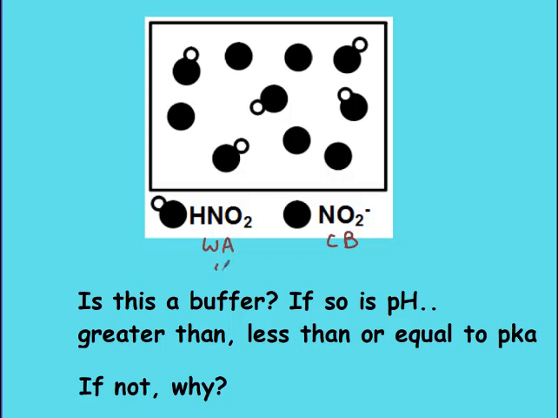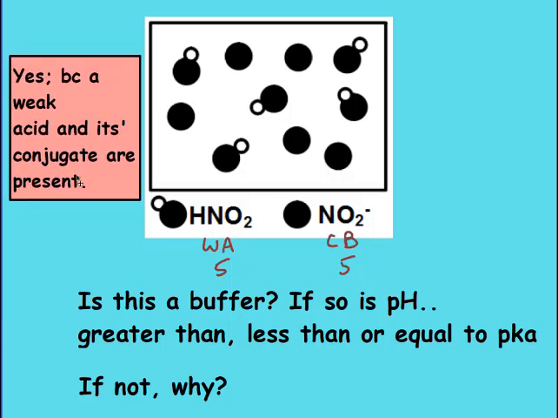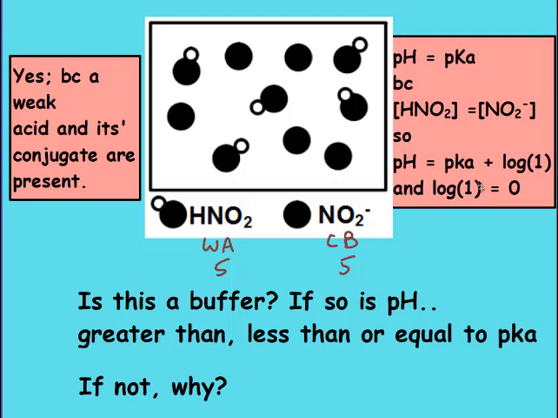We have 5 weak acid and 5 conjugate base. Since we have equal amounts of the acid and its conjugate, first off, yes, it is a buffer, because again, we have a weak acid and its conjugate. And to answer the second part, because I have equal amounts of my weak acid and conjugate, pH will equal pKa.